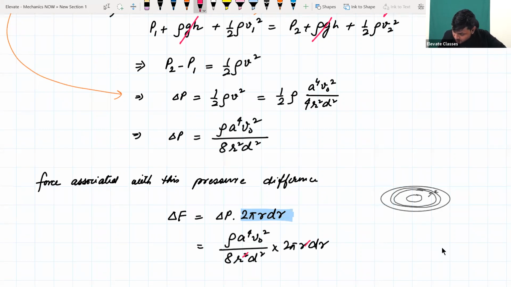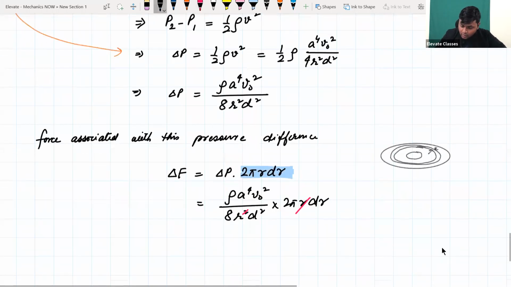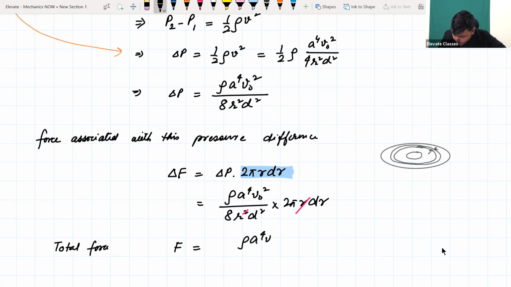So r square and the r get cancelled, and if we are interested in calculating the total force, then the total force F is equal to rho a to the power 4 v naught square, pi, 2 cancels, upon 4 d square, integral of dr upon r.